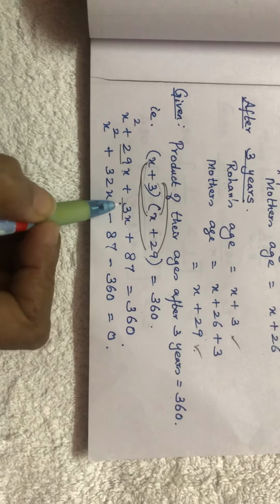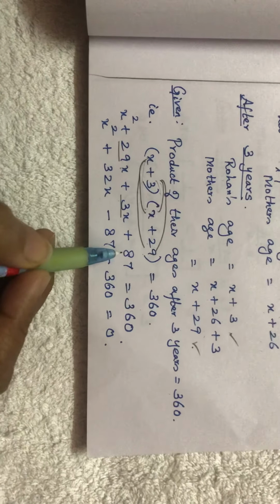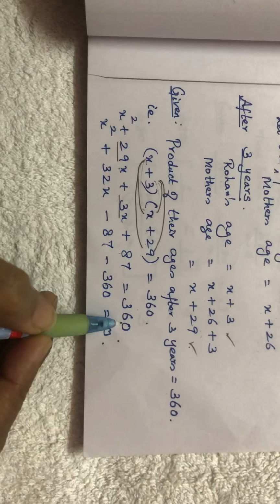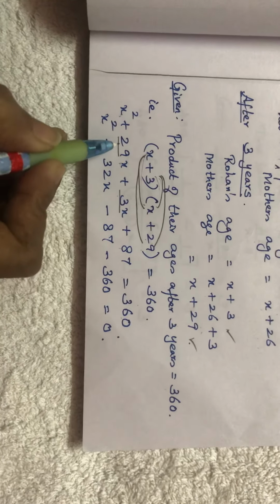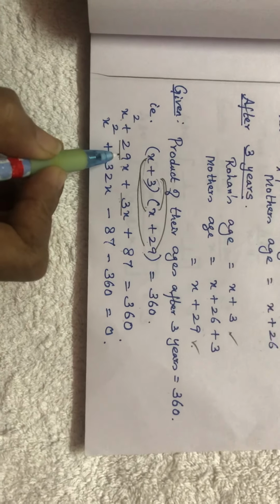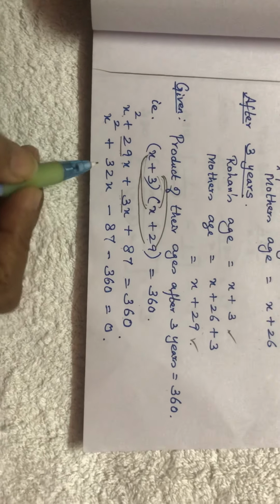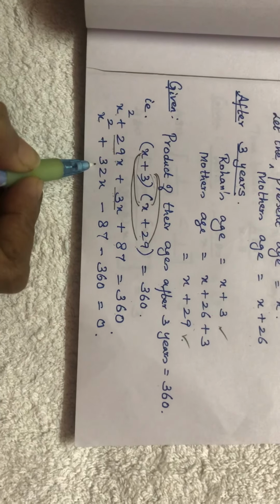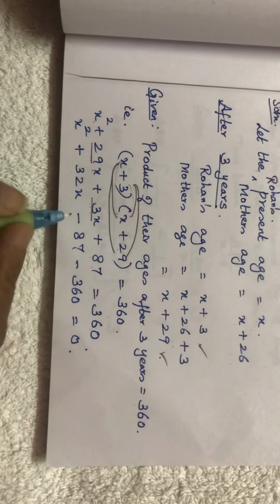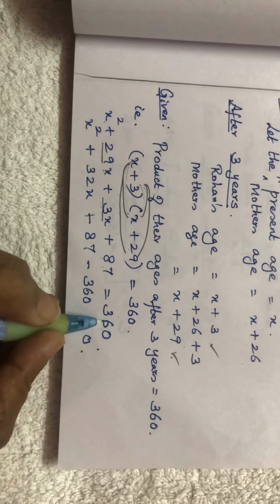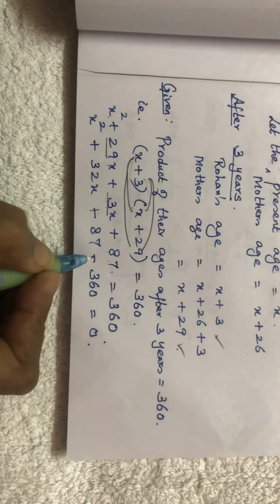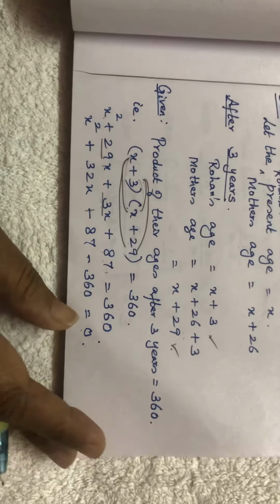Here 3 into x, 3x, 3 into 29, 87. Now two x terms are there, one is 29x, another is 3x. So when I am adding, I will get 32x plus 87. When I am bringing to this side, I will get minus 360 equal to 0.